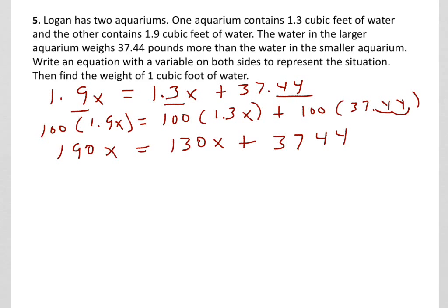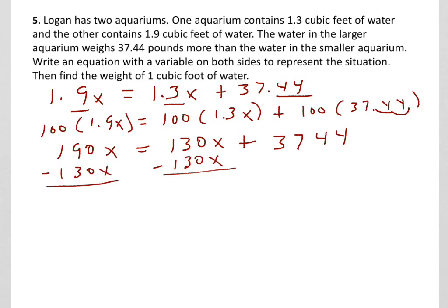Looking at my variable terms, I have 190x and 130x, so I want to bring the 130x to the left because it is smaller than the 190. I don't want a negative coefficient, so I'm going to subtract 130x from both sides. That's going to give me a 0 pair.